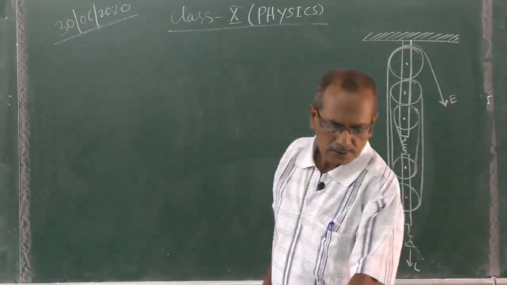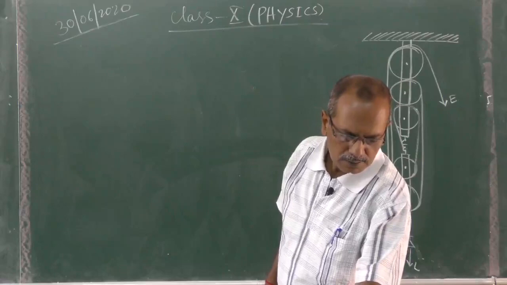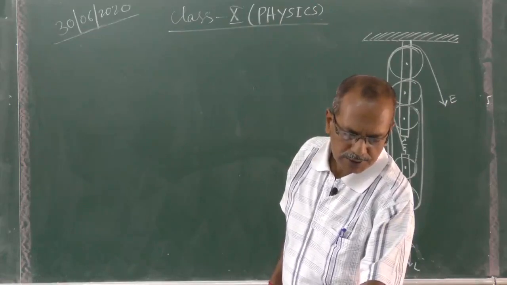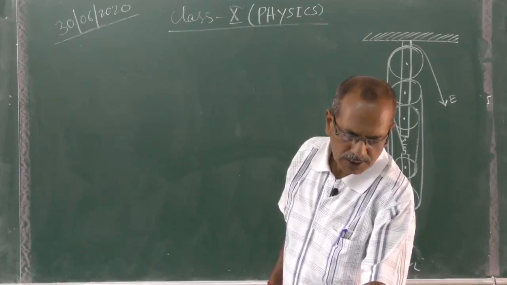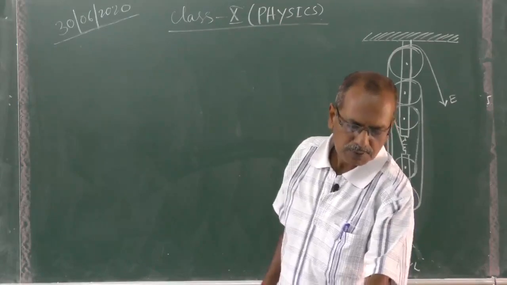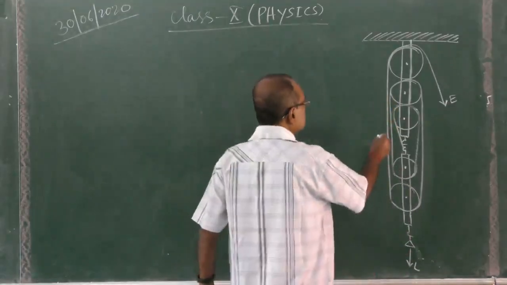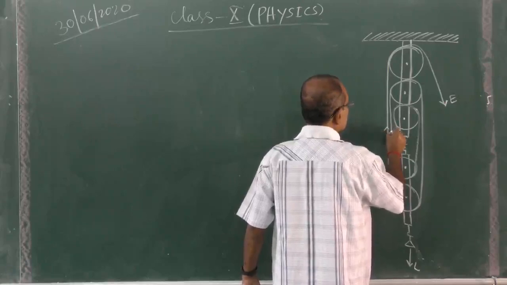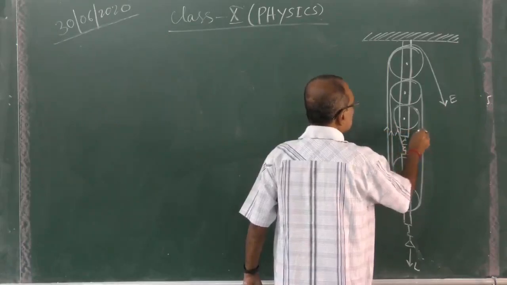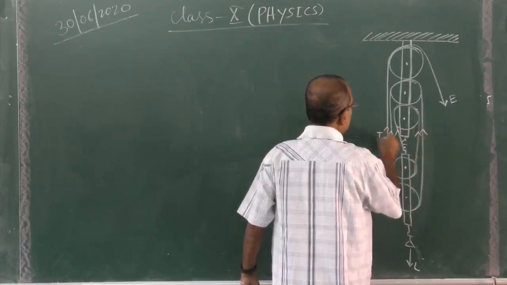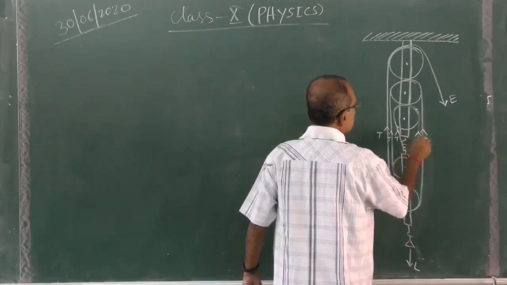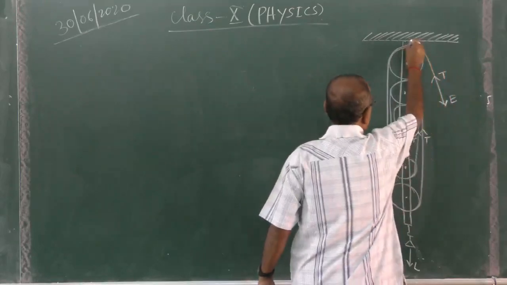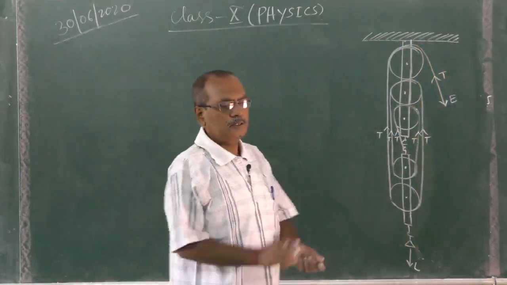Now, if the load is raised by 1 meter, through what distance will the effort move? So first of all, we'll mark tension also. These are the tensions. T, T, T, T, here it is T. So this is part A complete.